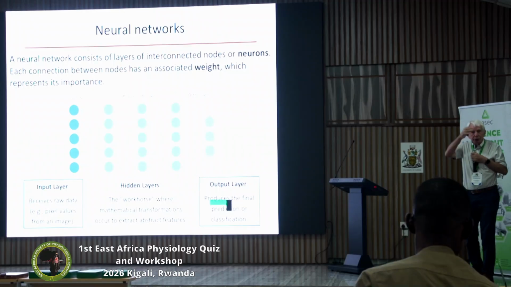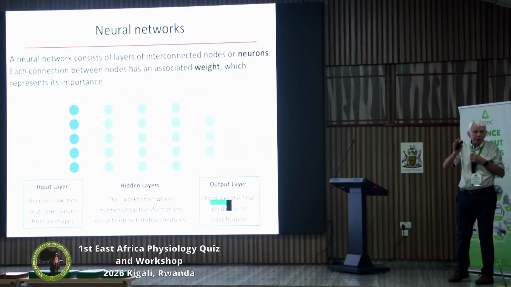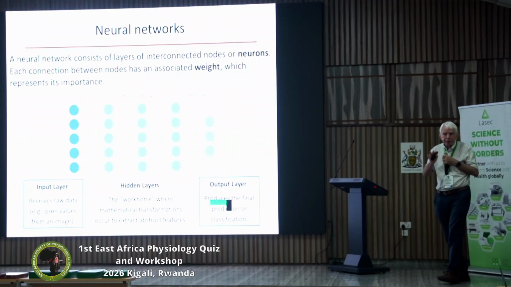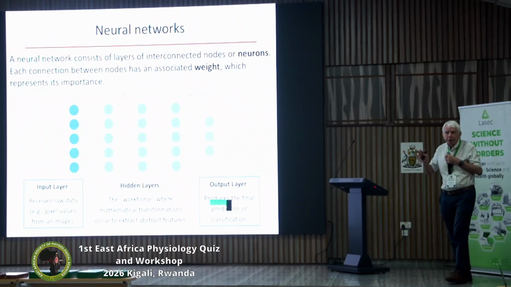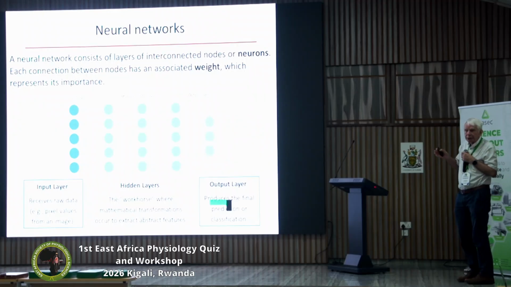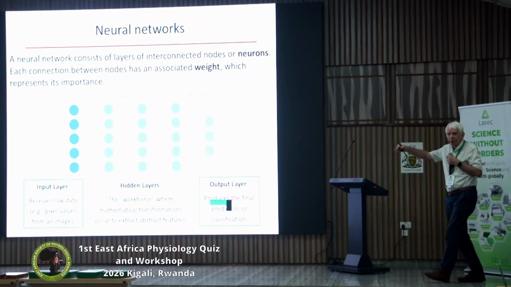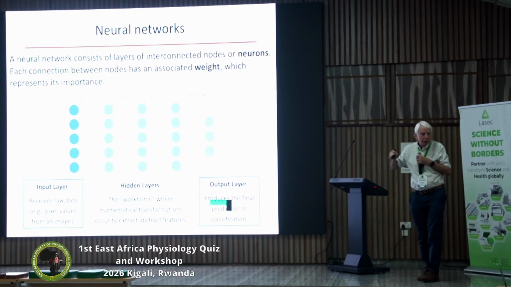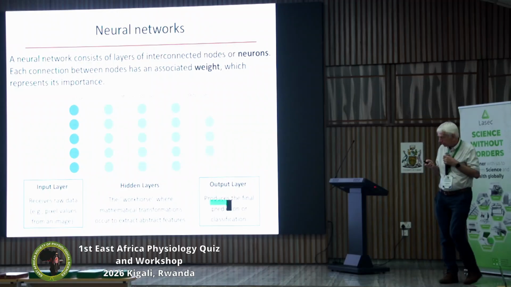So, for instance, you have an image, there's a dog in the image, and by calculations the system knows that this is a dog. And the output gives a classification. We have a dog, we have a tree, we have a mouse, we have whatever.